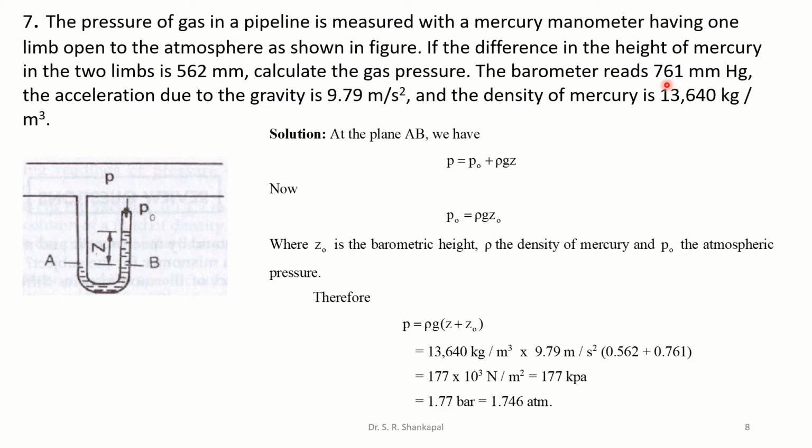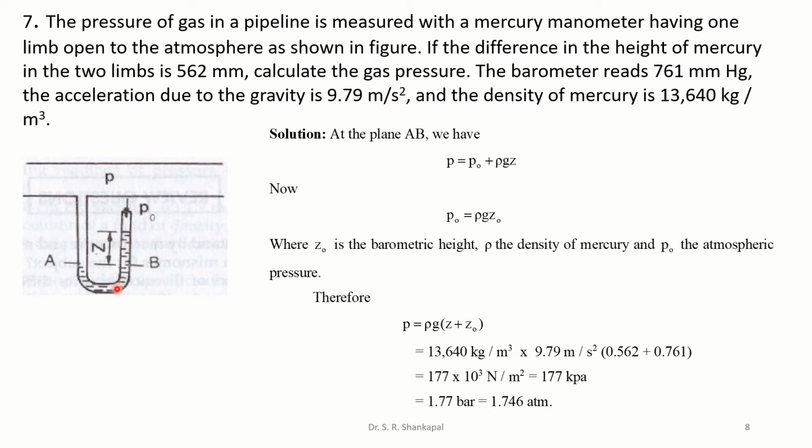In this place the barometer reads 761 millimeters. And acceleration due to gravity here is 9.79 meter per second square. You have studied it as 9.81. At this particular location it is 9.79 meter per second square.